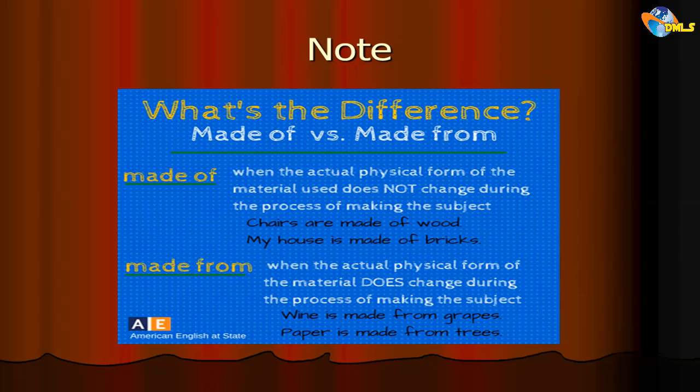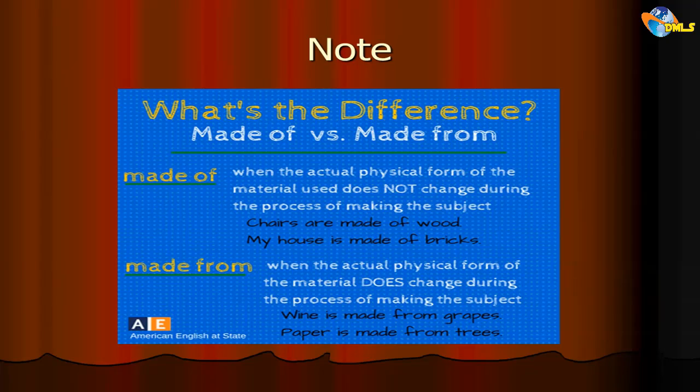Note, what's the difference between made of and made from? Made of, when the actual physical form of the material used does not change during the process of making the subject. Chairs are made of wood. My house is made of bricks.